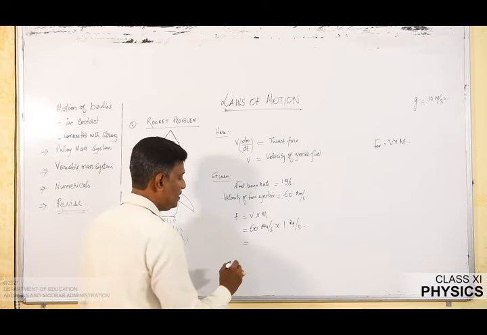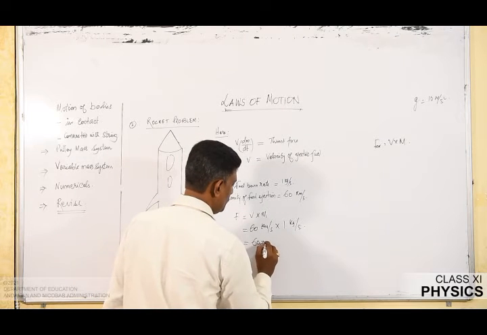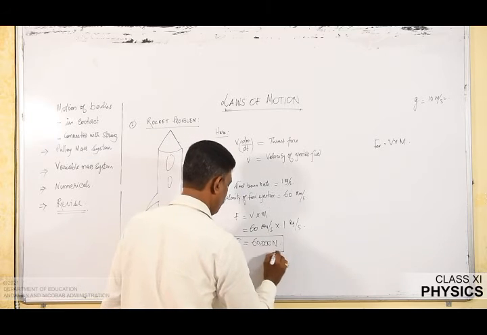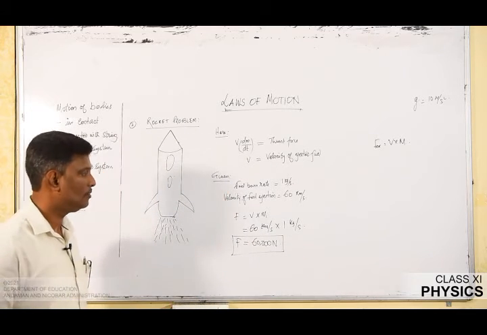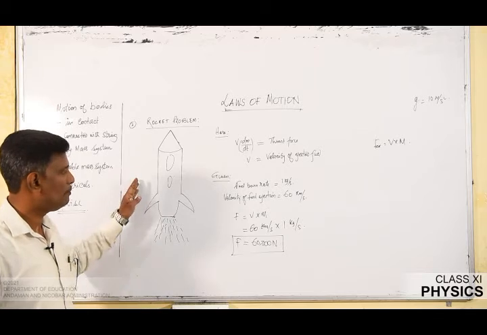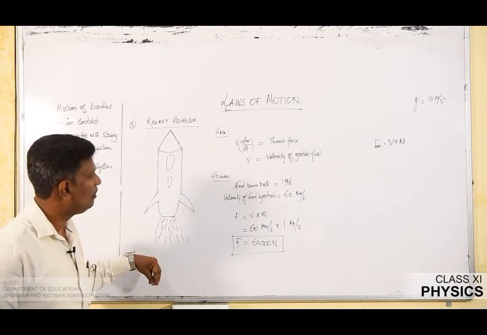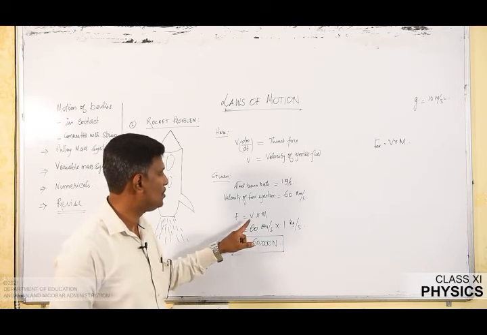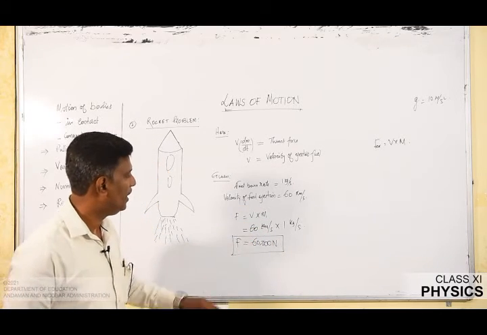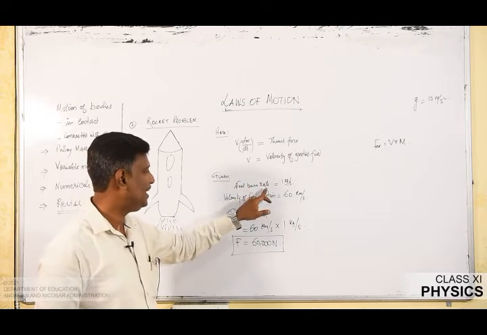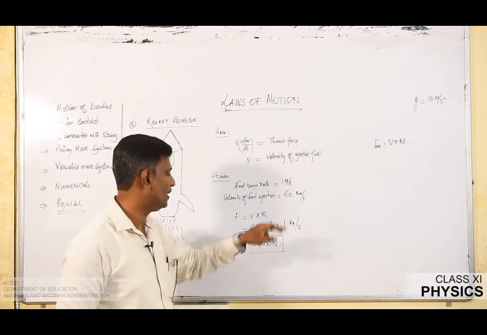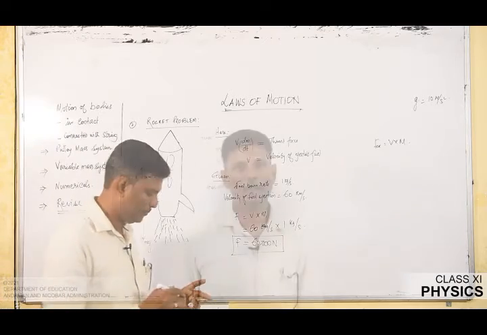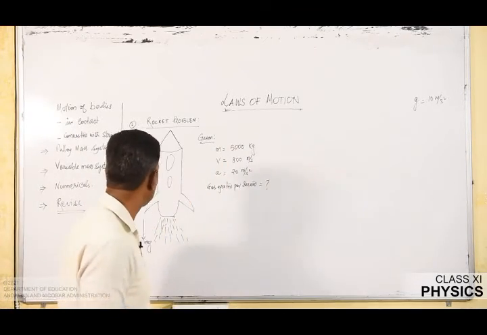So, it can be written 60,000 Newton. So, the external force comes to be 60,000 Newton. In such type of problems, we have to solve by F is equal to V into m, velocity of the fuel ejection into fuel rate of burn, given 1 kg per second, we can solve easily. Let us take another problem.